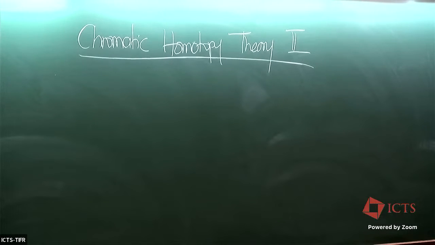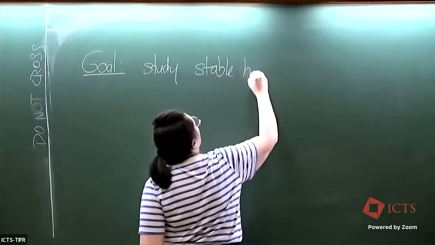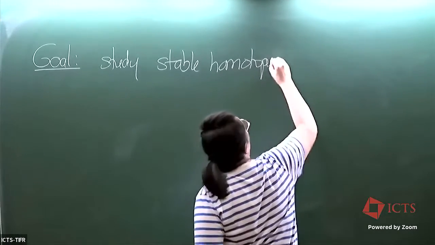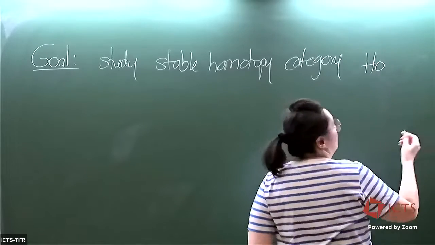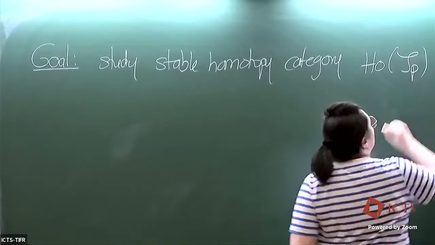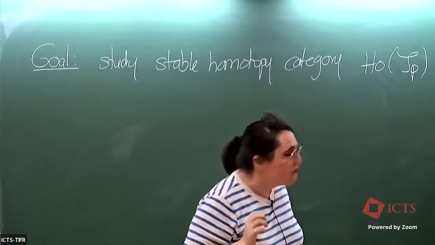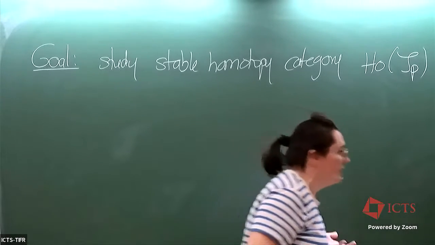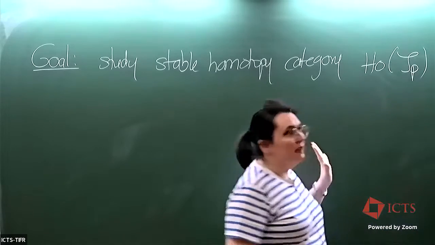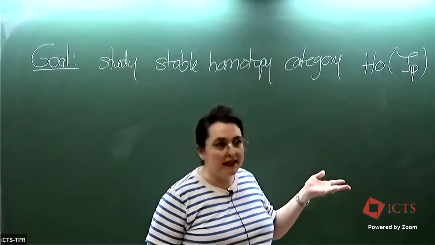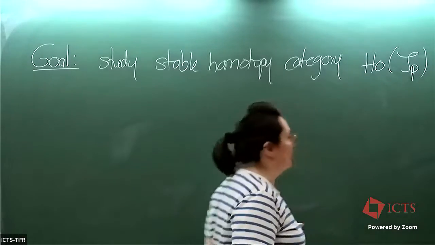The goal was to study the stable homotopy category, which I continue to consider to be the homotopy category of sequential spectra, even though there are, of course, lots of other forms of spectra available. And the message was that this was very big and very complicated because it contained a lot of stuff.